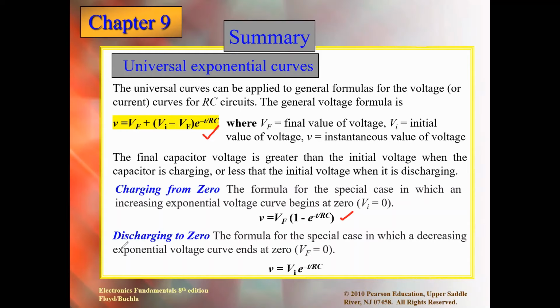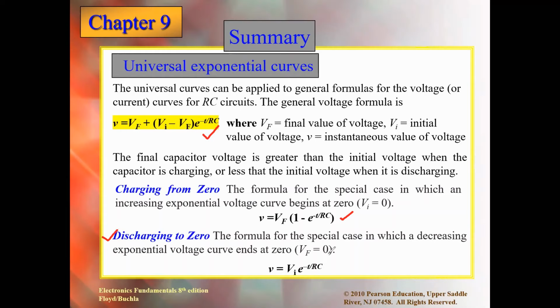Now, similarly for discharging. Girls, when the capacitor is discharging, what will be the final value for the capacitor? It's going to be 0, because when we are discharging the capacitor, the final value which it can hold is 0.